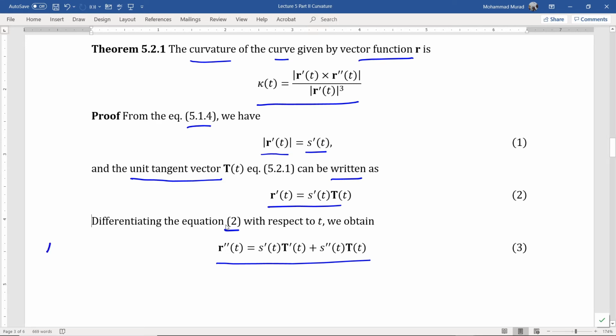Recall that if f is a scalar valued function and u is a vector valued function, then its derivative is given by the product rule we proved earlier in some section. So we have equation 3.